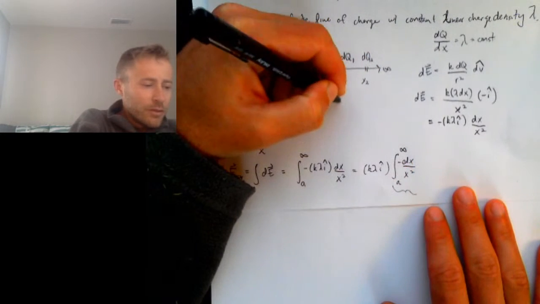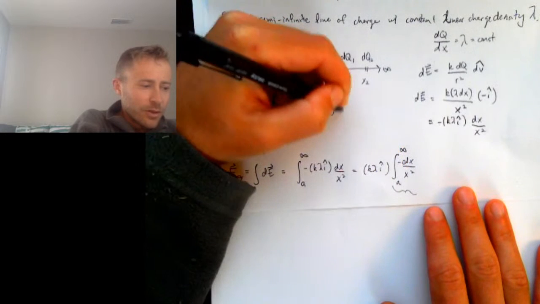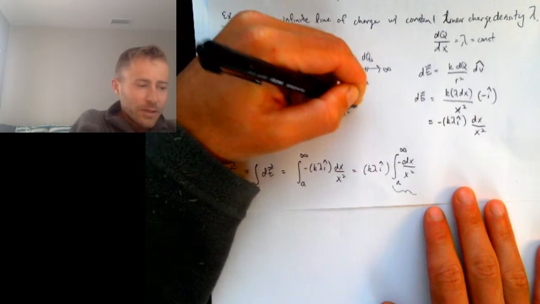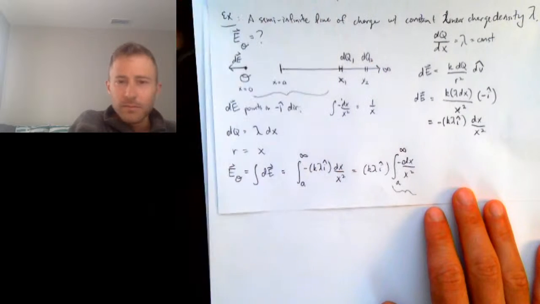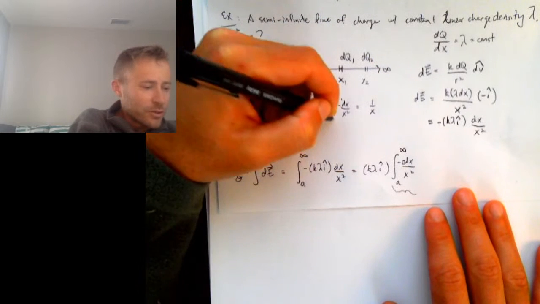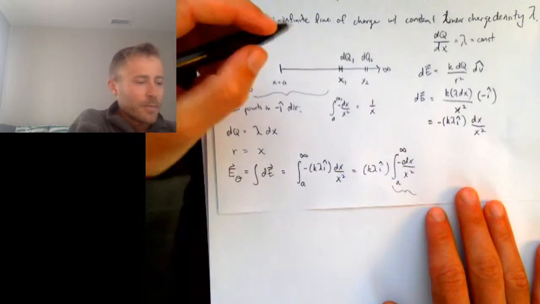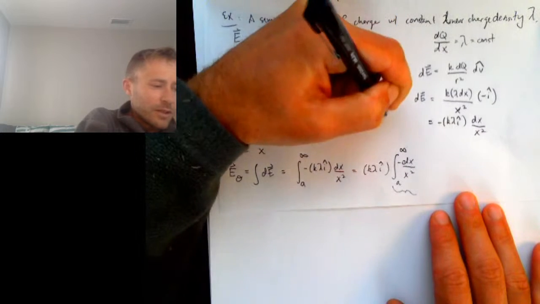So the integral of negative dx over x squared is 1 over x. Okay, and because this integral is from a to infinity, I'm going to evaluate this at infinity and at a.